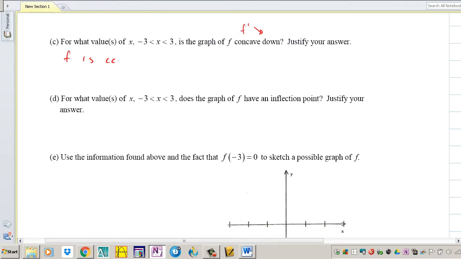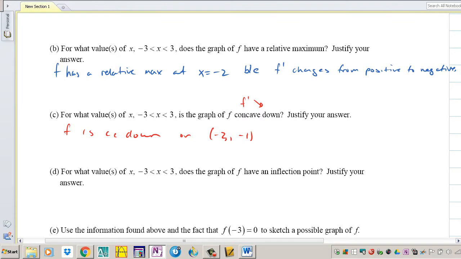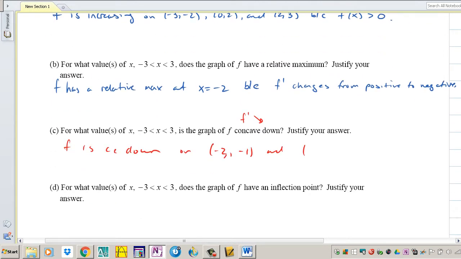F is concave down on -3 to -1, and 1 to 2, because f prime is decreasing. And that's all you got right.